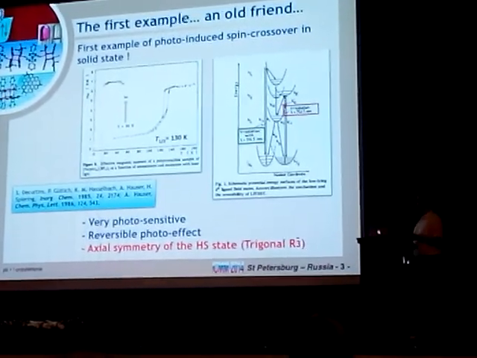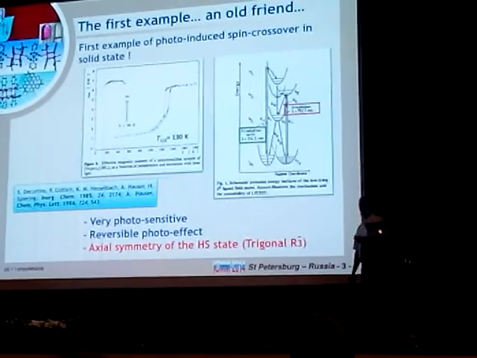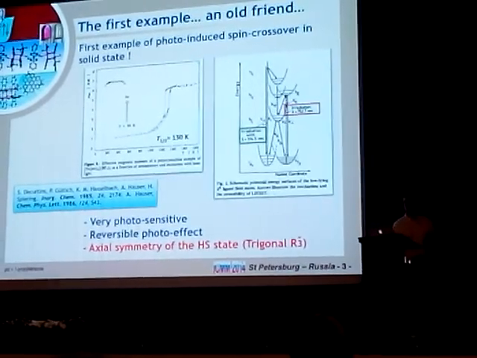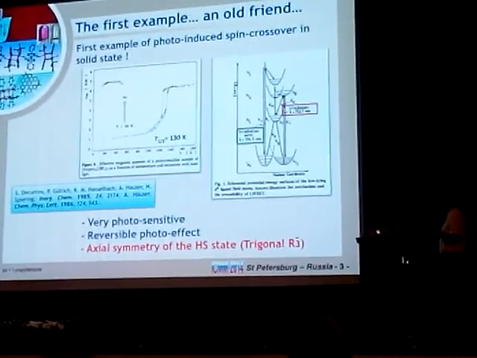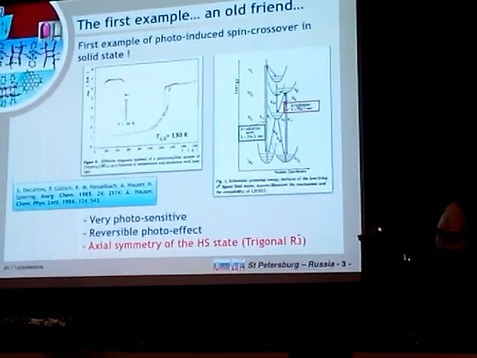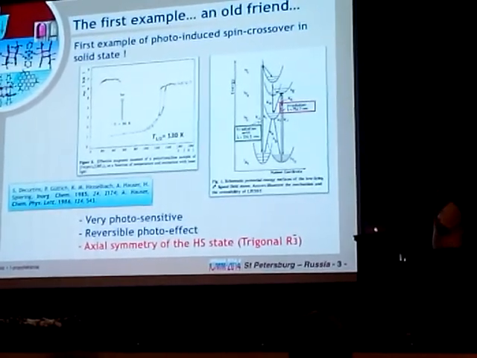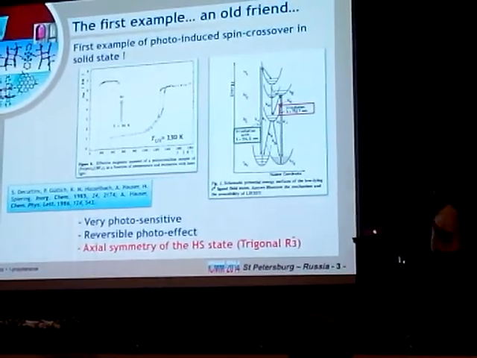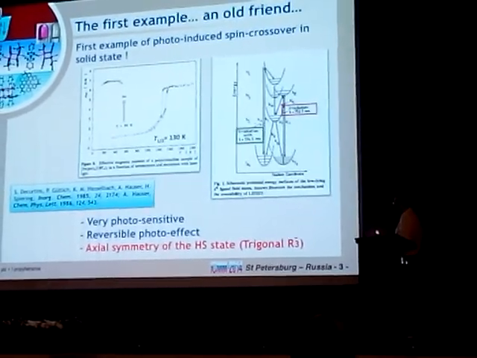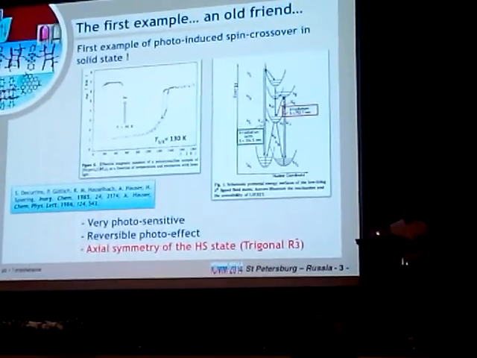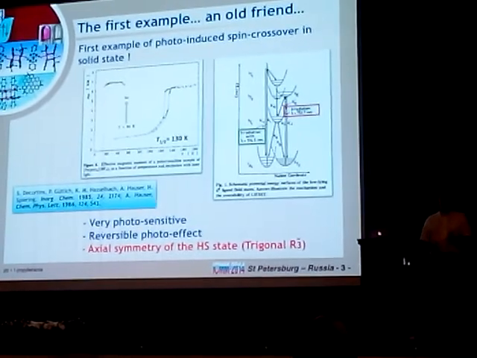The thing that attracted our attention, and I say our because this also came from a discussion with Jeff Long, is that the high spin state in this system has a trigonal symmetry. This means that we have a complex sitting in a high symmetry space group.